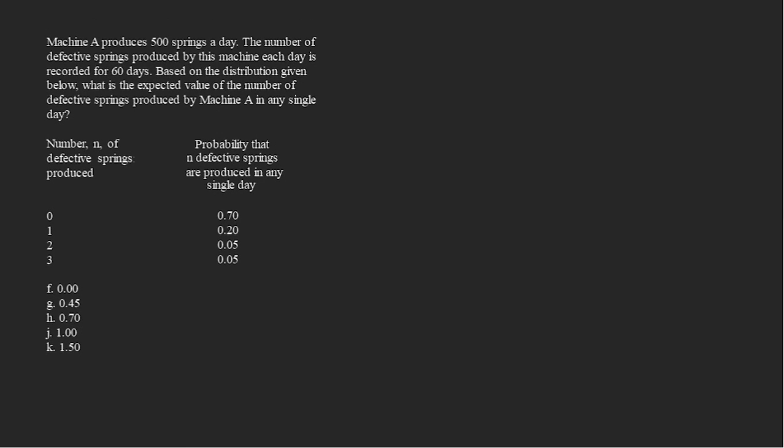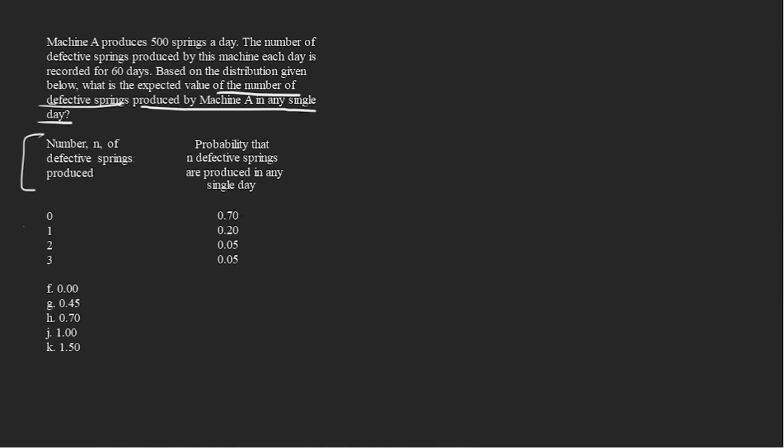We have another similar problem. Now, they say machine A is going to produce some defective springs. It might produce 0, it might produce 1, it might produce 2 or 3 defective springs any given day. Now, the probability of each of those occurring are over here. So let's go ahead and find out, what do they want? They want the number of defective springs produced by machine A in any single day.